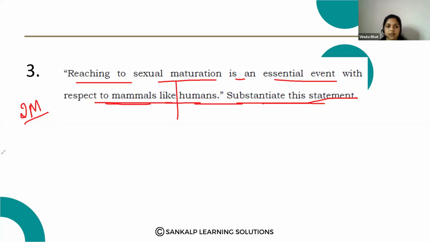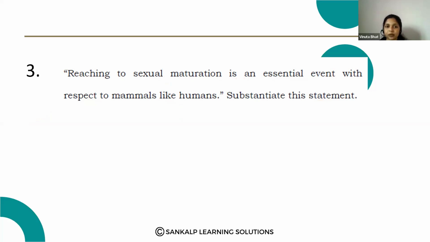In mammals as well as in human beings, sexual reproduction takes place after sexual maturation. Before that, no reproduction takes place. So this sexual maturation is very important, for what reason?